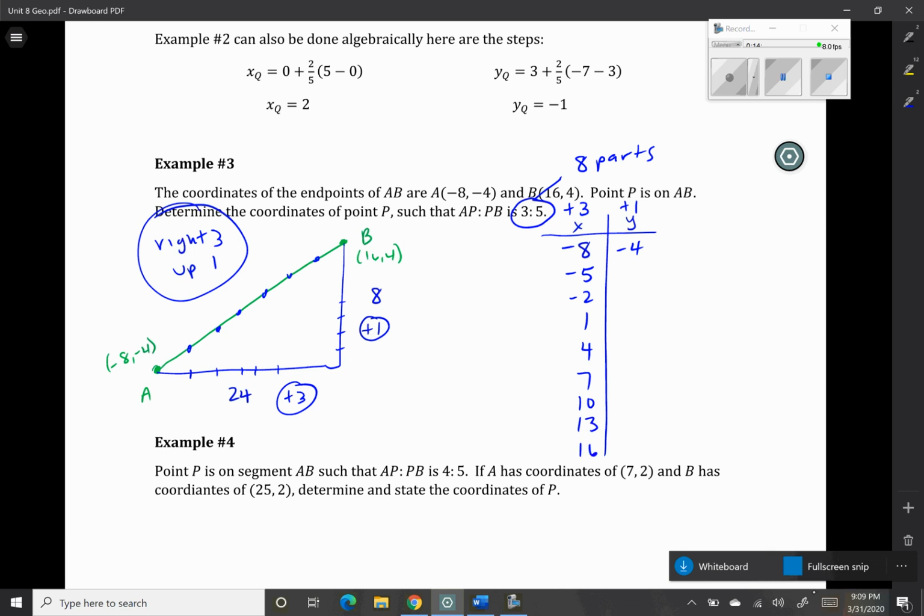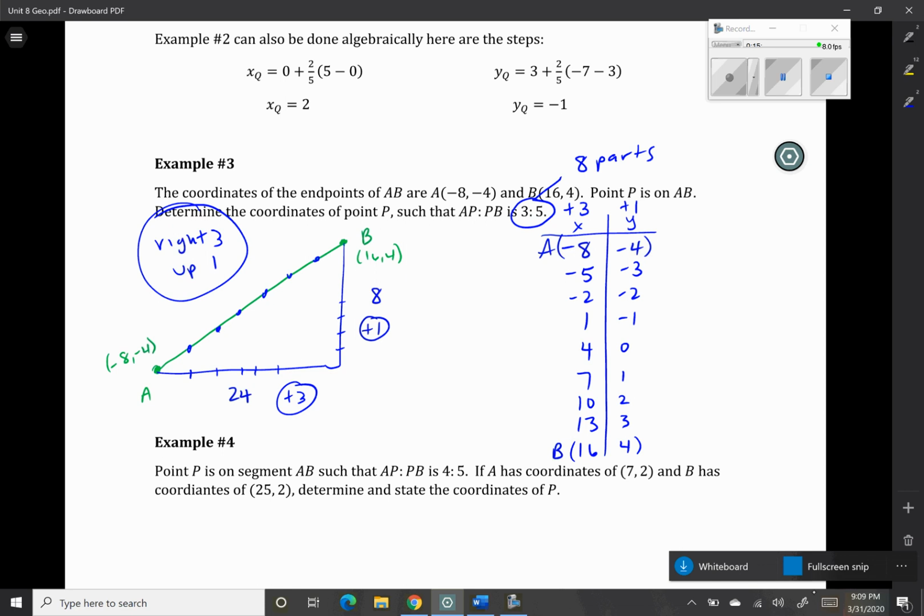I'm stopping at 16 because that's the coordinate of B. If I go up by 1 in the y column, I'd be at -3, -2, -1, 0, 1, 2, 3, and 4. Notice this first point I labeled was point A. The last point I put in my table was point B. I think by doing the columns separately, it's a little bit easier, so you're not changing the numbers every time. It's hard to do with mental math.